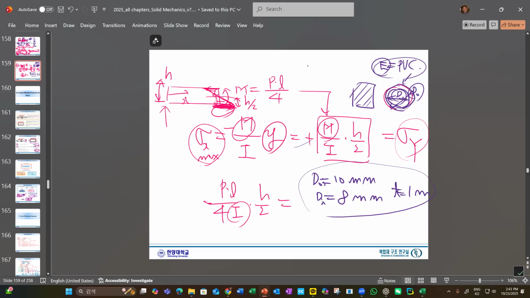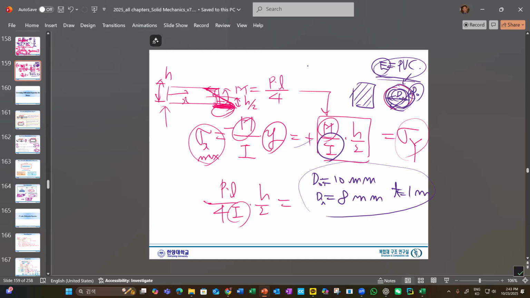And from here, what do we get? We get the I. Oh, where is the E? There's no E there. We don't need to consider E, Young's modulus. It's strange, but the equation says we don't need E. It means that if this is plastic or steel, the stress will be the same.